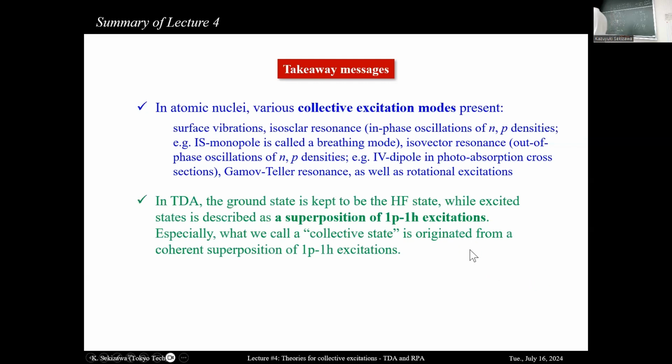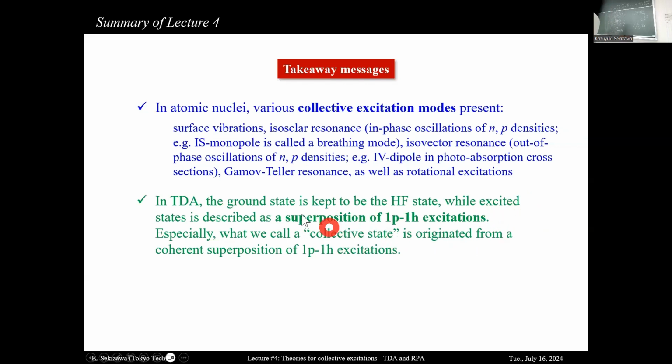In the Tamm-Dancoff approximation, TDA, the ground state is kept as the Hartree-Fock state, and on top of that we build the excited state as a superposition of one-particle, one-hole excitations.